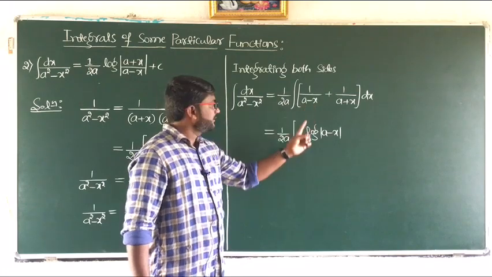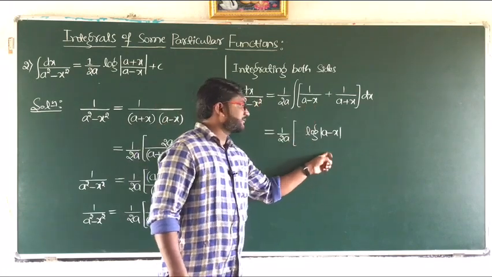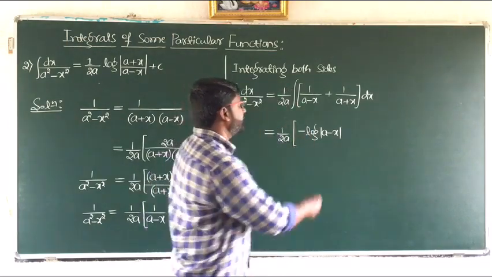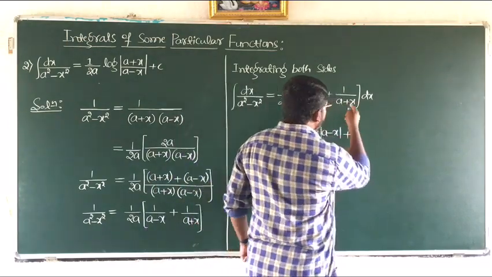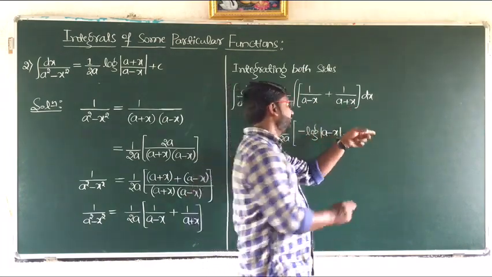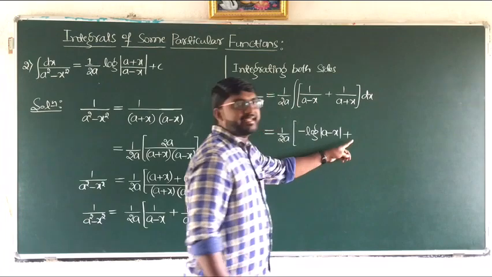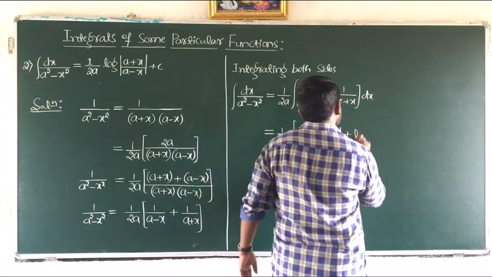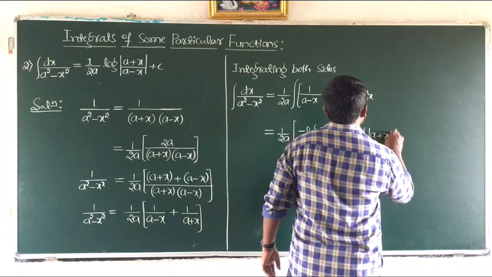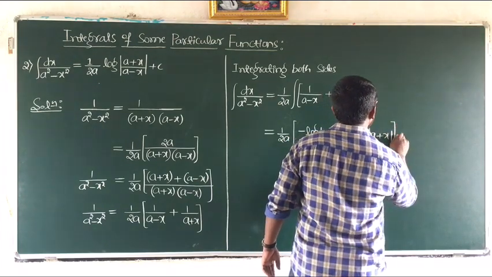It is minus 1. I divide by minus 1, or I write simply minus here. So now plus. Here the coefficient of x is plus 1. So it is no problem, we can write plus directly here. So here it becomes log mod a plus x, so plus c.